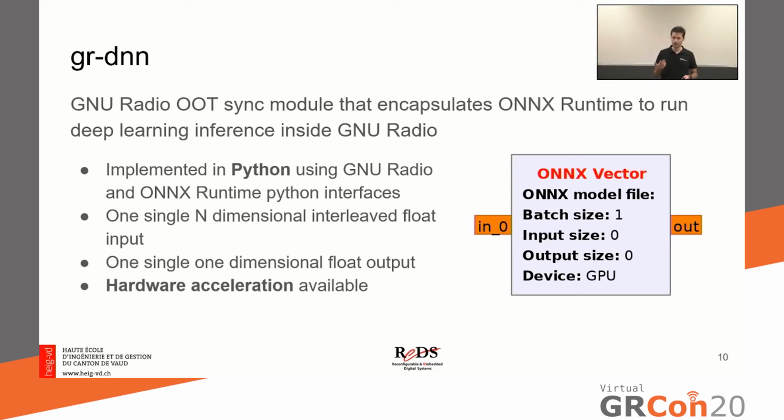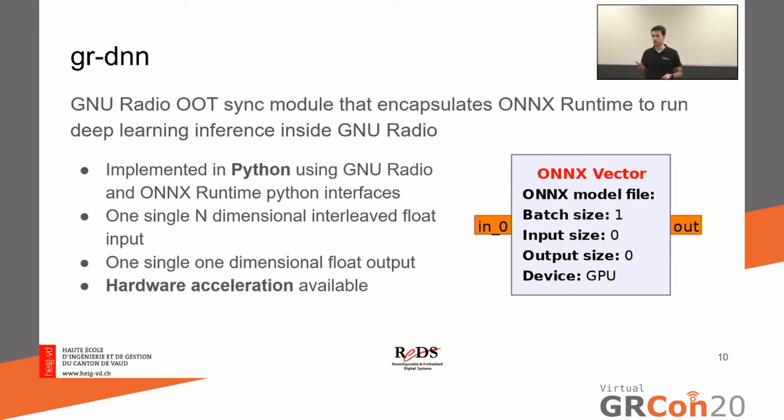We've chosen to use Python to develop it, using the Python interfaces of GNU Radio and ONNX Runtime. This means that, because ONNX Runtime requires Python 3.6 and above, I think, we have to use GNU Radio 3.8. We cannot use the previous version.